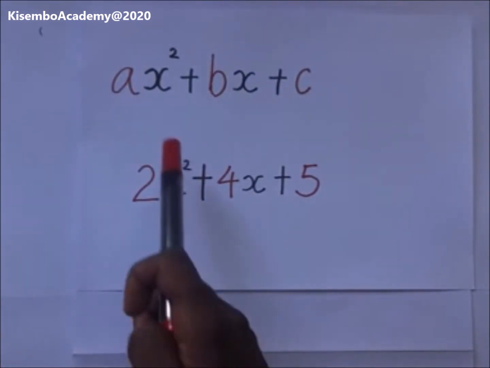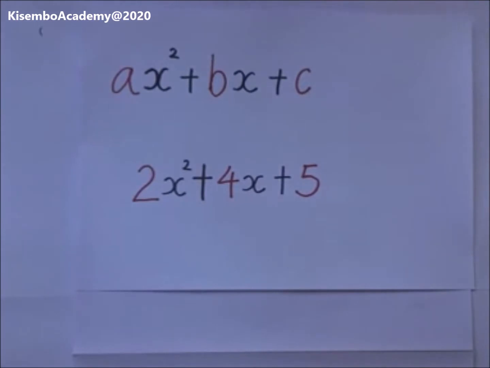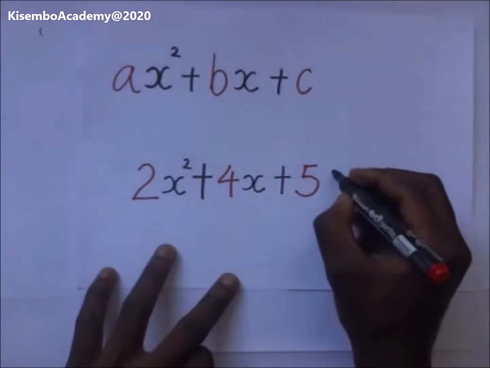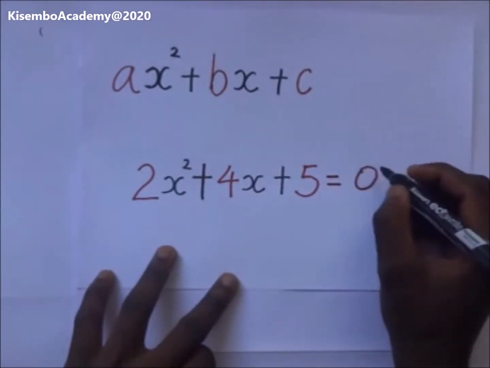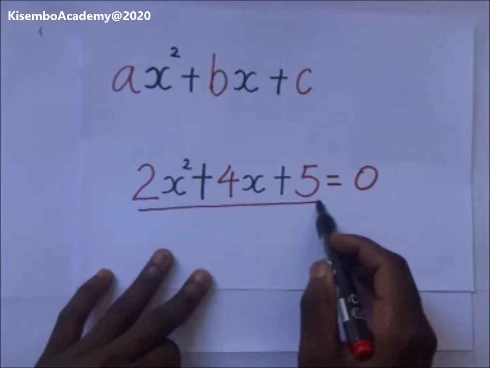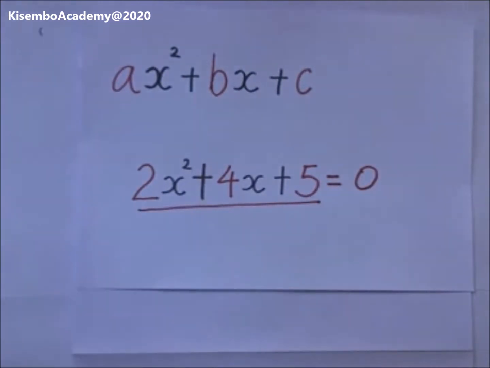When this quadratic function is equated to 0, it is called a quadratic equation. Meaning, if I equate this to 0, the quadratic function becomes a quadratic equation. In this video, we are going to start looking at how we solve quadratic equations.